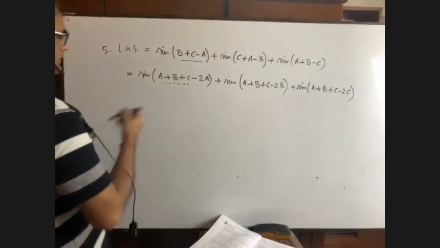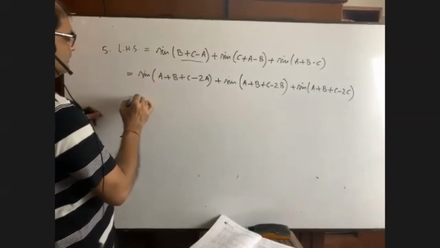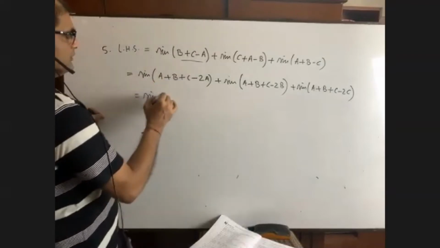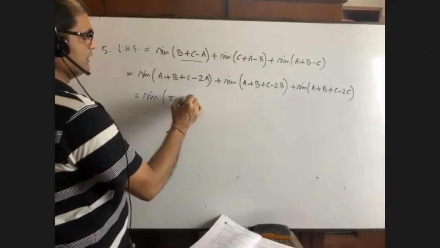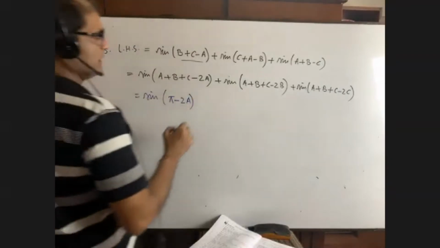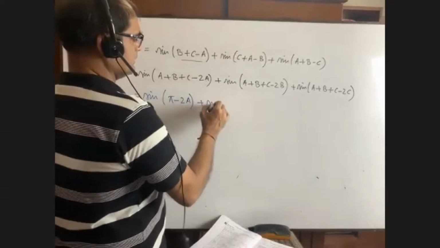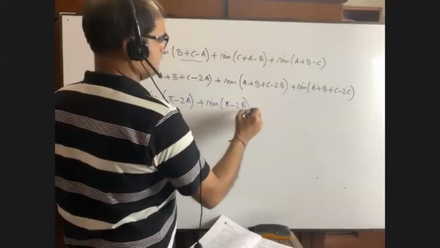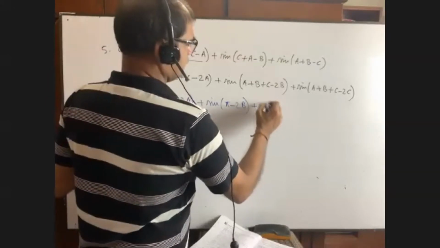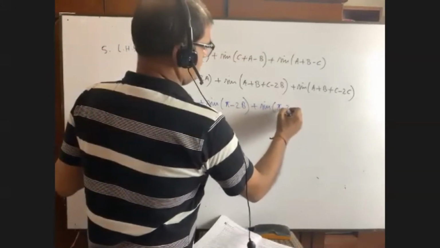Now you see, what is the value of a plus b plus c? It is given as pi. So it is sine of pi minus 2a, sine of pi minus 2b, sine of pi minus 2c.